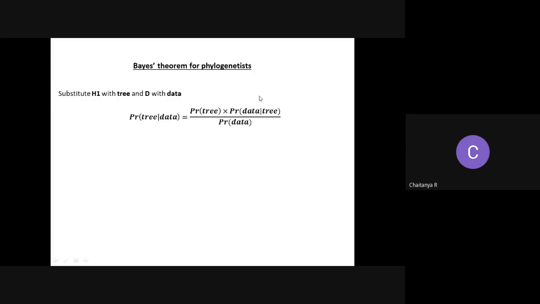So that's exactly what we're doing here. The probability of the data is basically a summation of the prior multiplied by the likelihood of every possible hypothesis. So in essence, can anyone tell me what the value of that would be? The prior of a hypothesis multiplied by the likelihood of a hypothesis for all possible hypotheses.